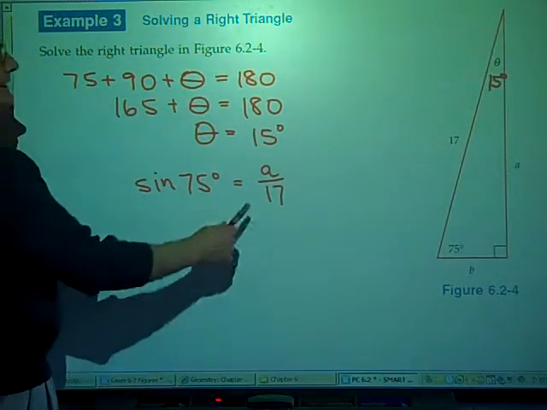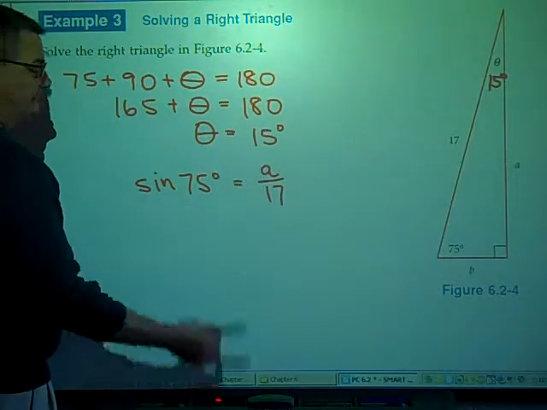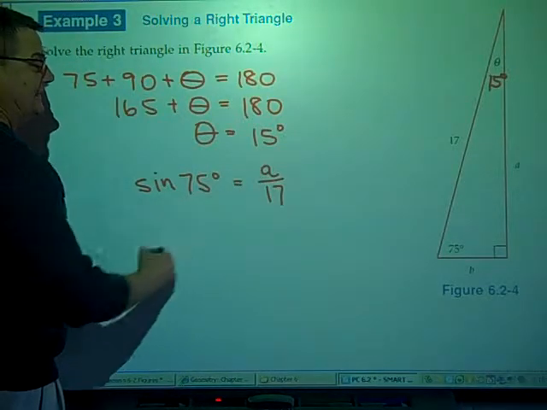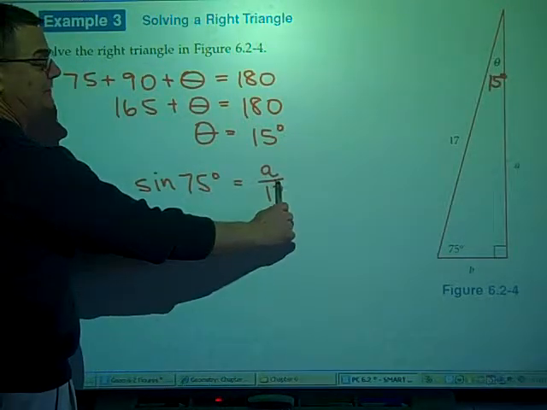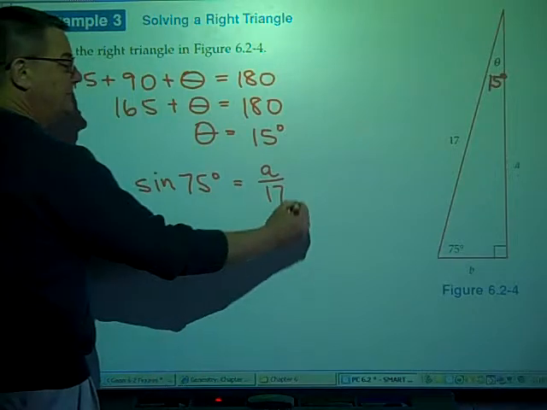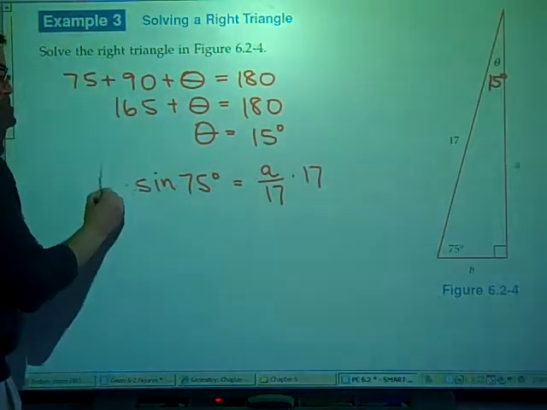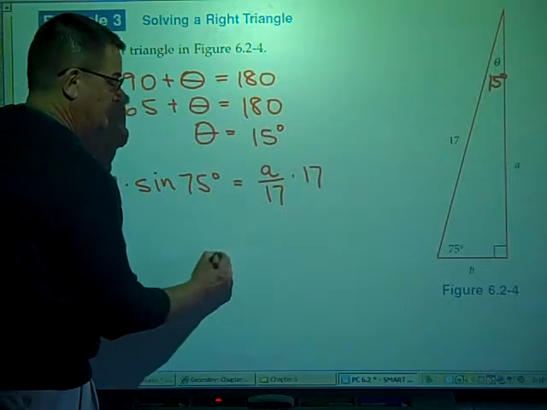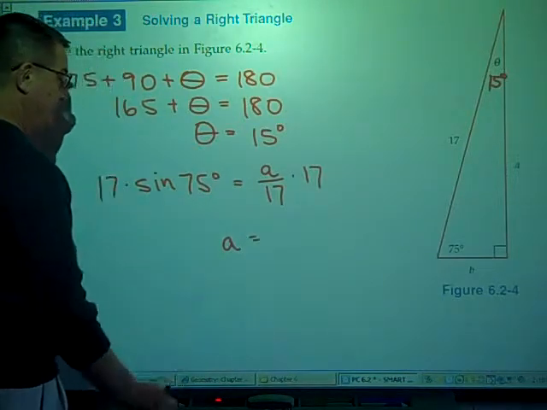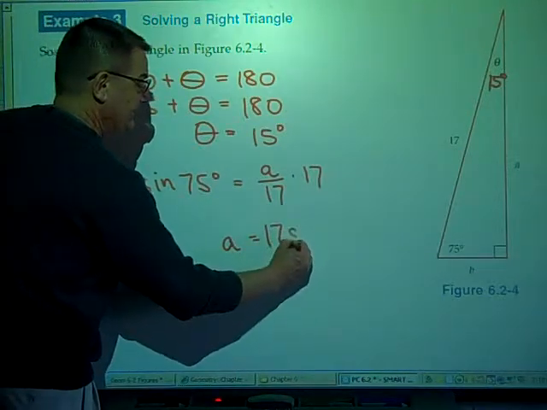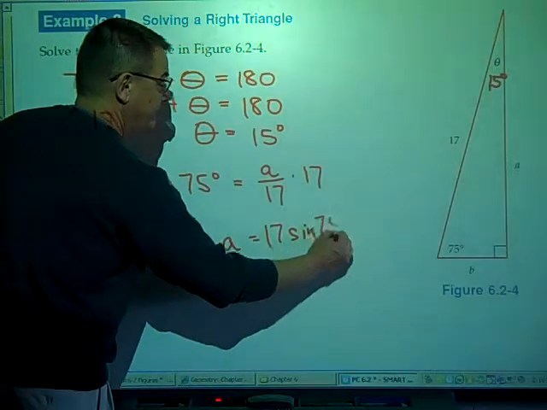If I want to find A, I can think of this as a proportion, or I can just get rid of the dividing by 17, which is to multiply both sides by 17. So side A would equal 17 times the sine of 75.